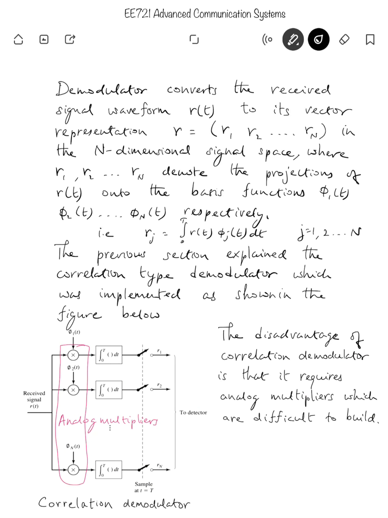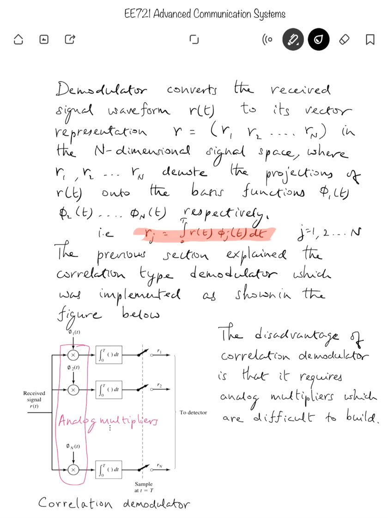Okay, let us quickly recap the manner in which the correlation demodulator works. So basically, if you look at this diagram here, this depicts the operation of the correlation demodulator, where we have n parallel branches of correlators which find the correlation between the received signal and the basis functions, and the correlation equation is given by this, right?